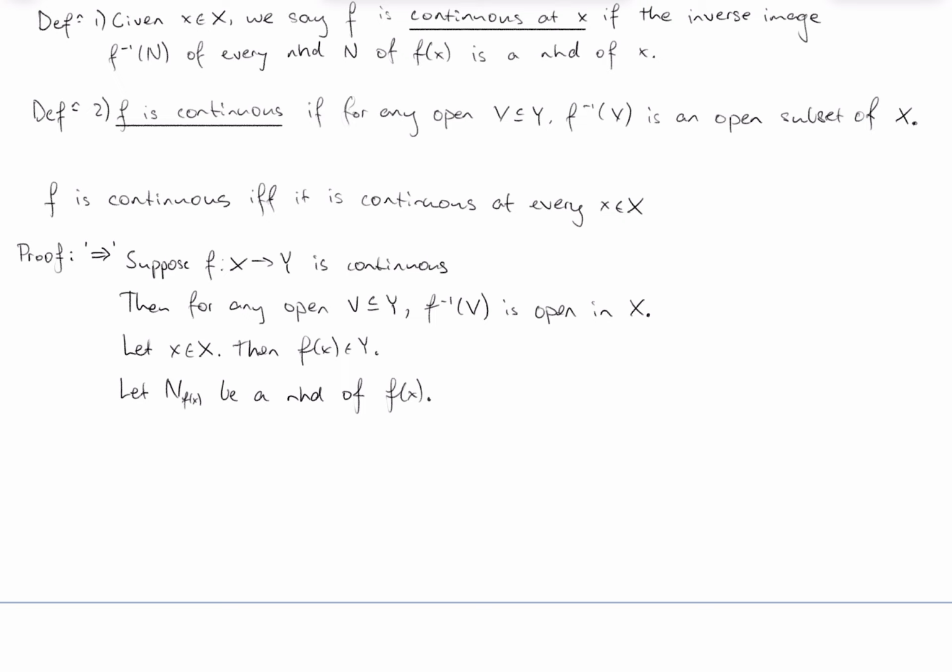By the definition of neighborhood, it contains an open set containing that point f of x. So N of f of x contains an open set, say V. That's our open set, and obviously f of x lives inside here.